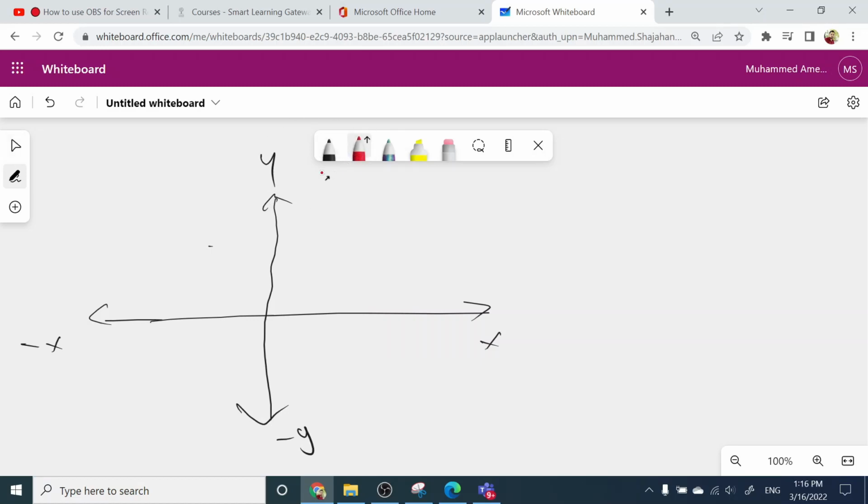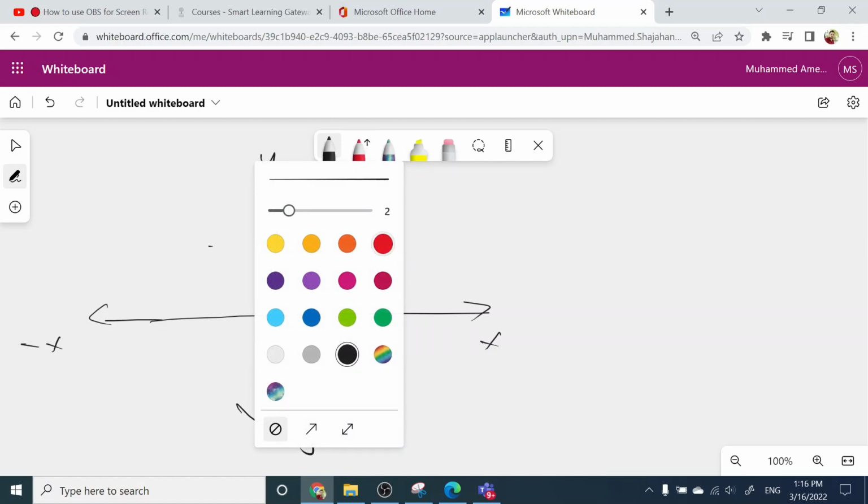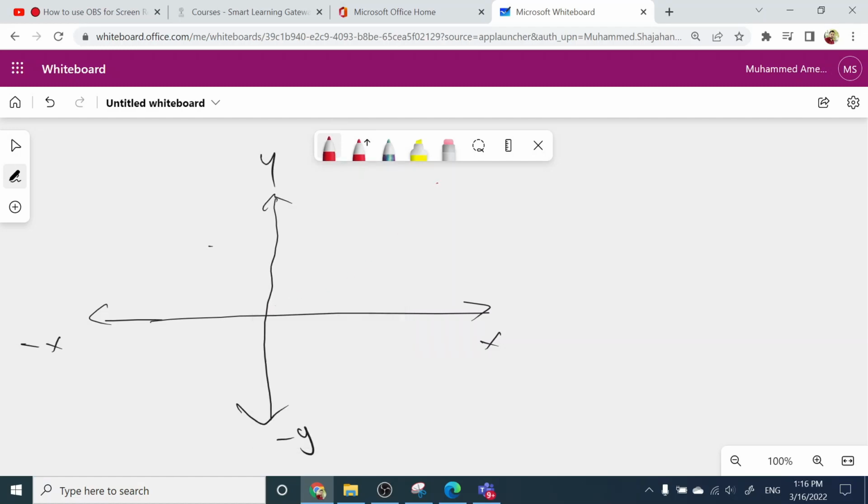Then if I draw a vector here, for example, this vector is a 5 Newton force, and this angle theta is equal to 50 degree.